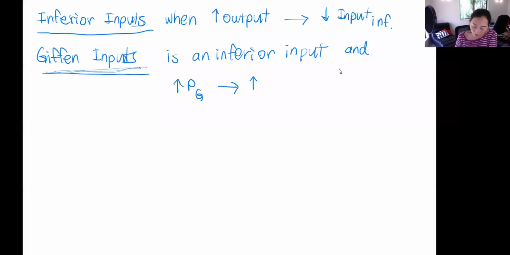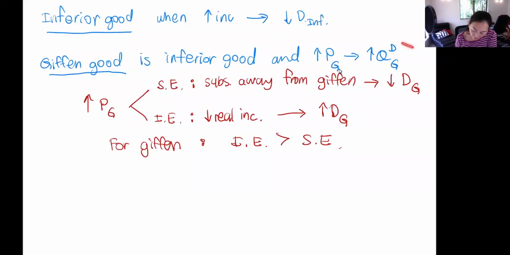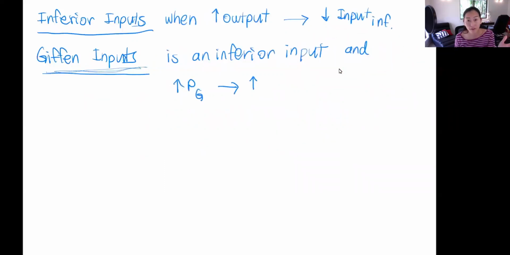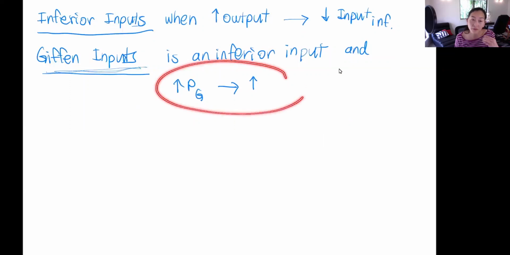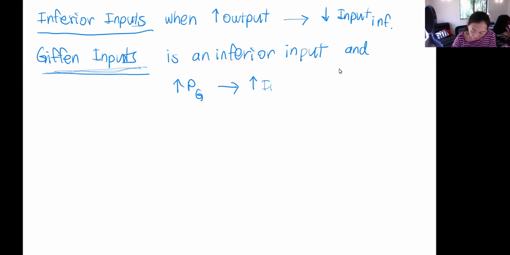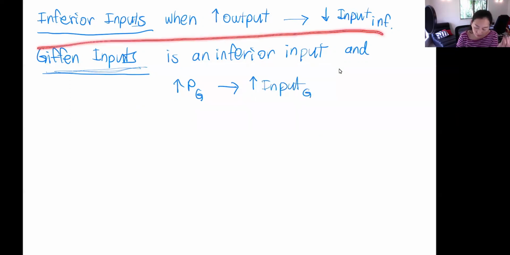If you recall, for the given good, when the price of the given good increases, the consumer will buy more of the given good. The same thing for the given input. When the price of the given input increases, the producer will employ more of the given input. And this is the definition of given input.